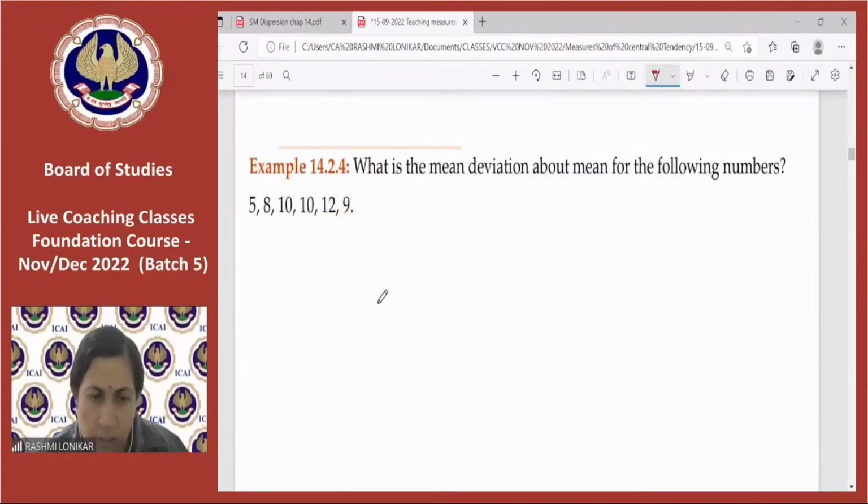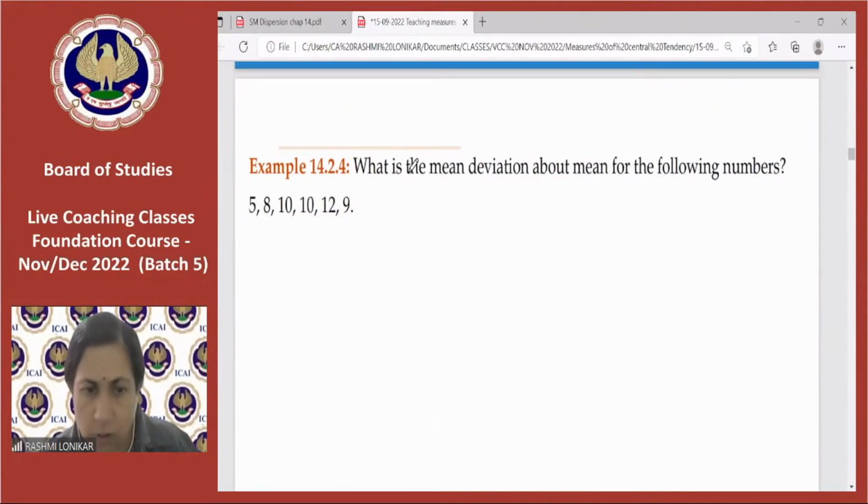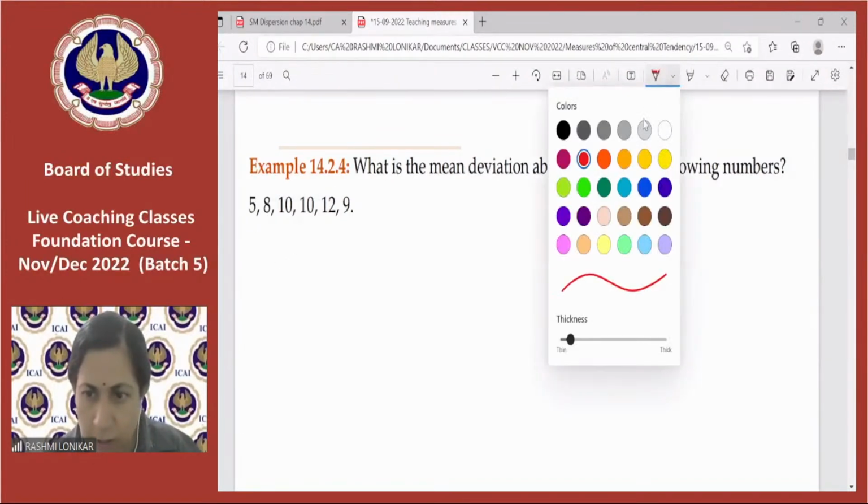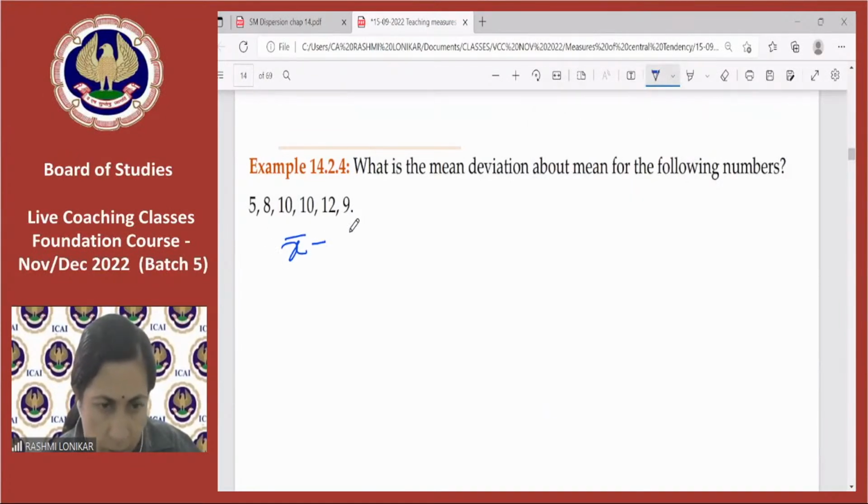We are taking this example 14.2.4. Can you tell me the mean of this? What is the formula? X bar is equal to summation x upon n. Now what is summation x?